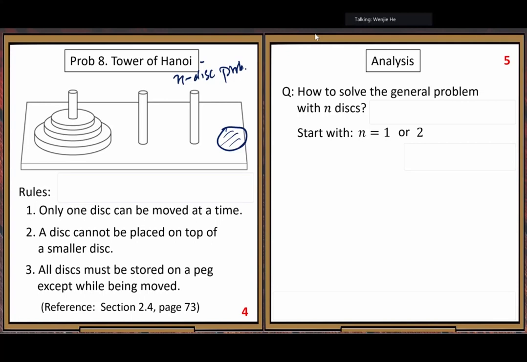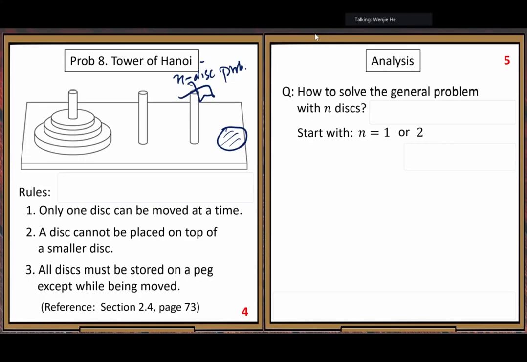Here, let's treat peg number 3 as the destination peg. Peg number 3, that's the destination peg. The middle one is the temporary peg, because we need to use it to temporarily place some of the disks, to give us more room to manipulate the disks.